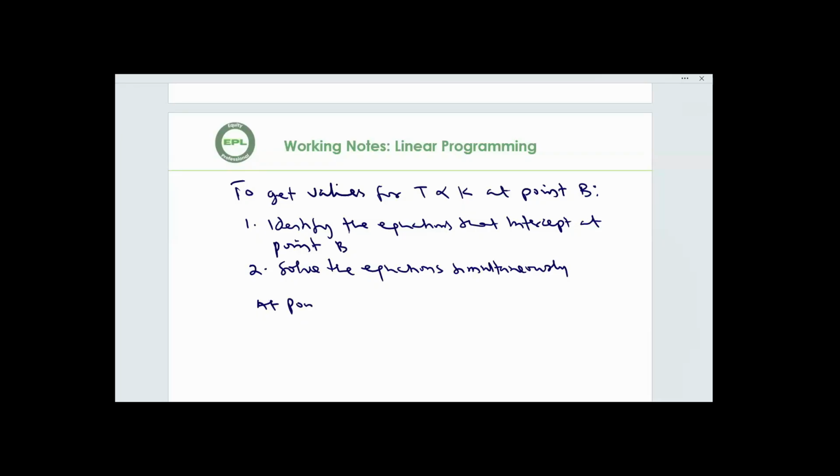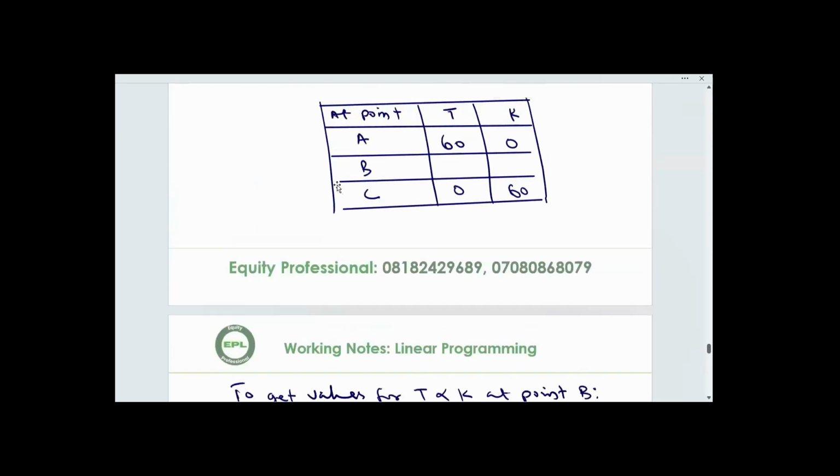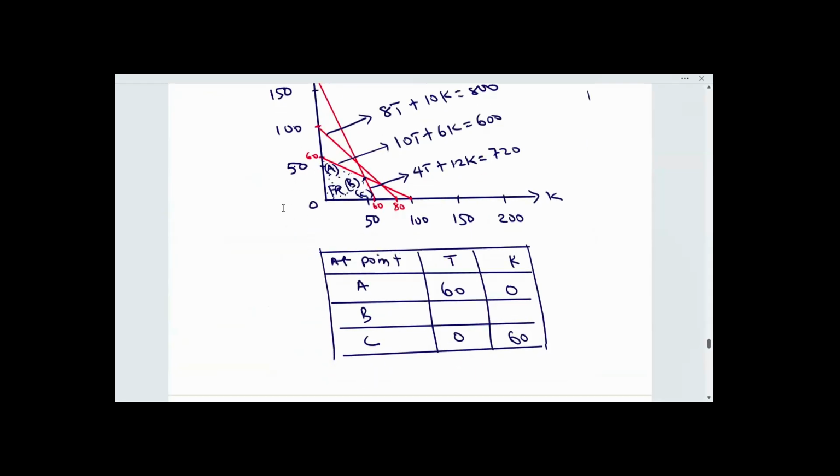At point B, what are the two equations? Let's look up. This is point B here. At this point, T and K intercepted. There's one equation that went from 60 to 100. What equation is that? That's the second equation, this one here.